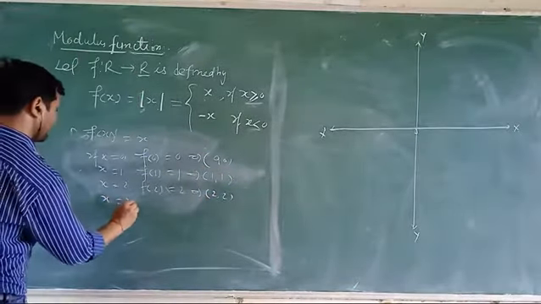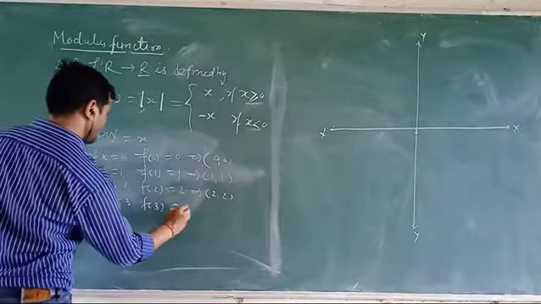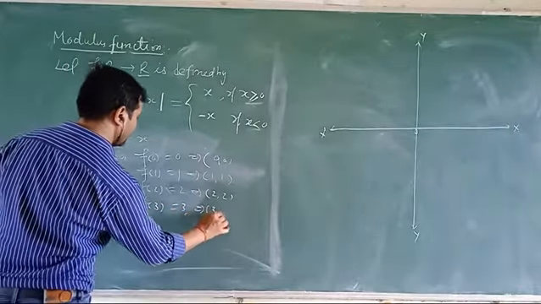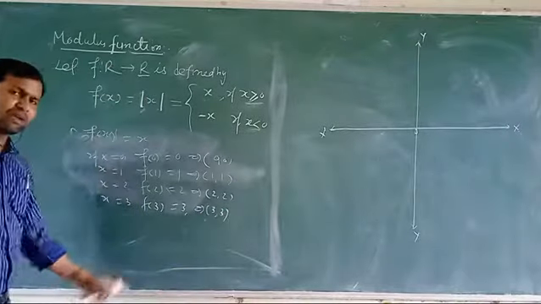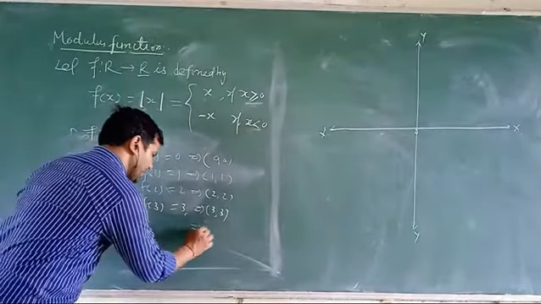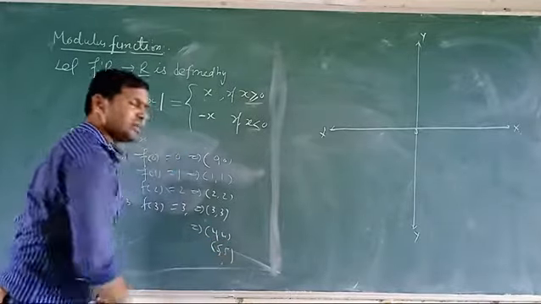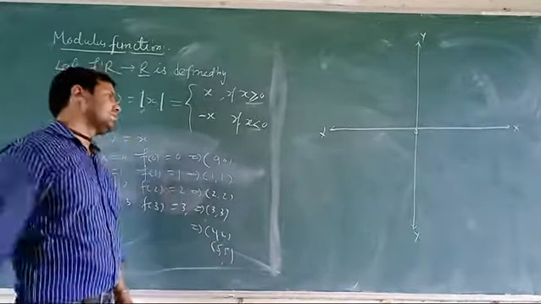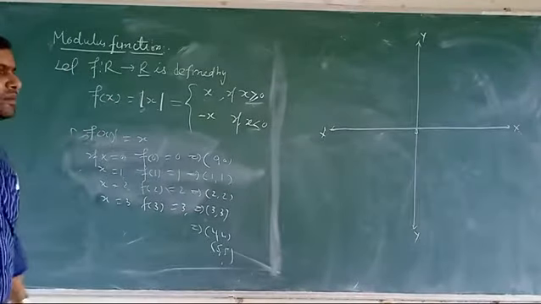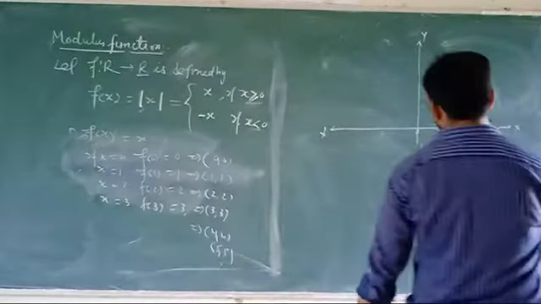X equal to 3, then f of 3 is equal to 3, giving (3,3), and so on. Similarly we can determine the points (4,4), (5,5), (6,6), (7,7), (8,8), and so on. Now we shall plot the points on the graph paper.